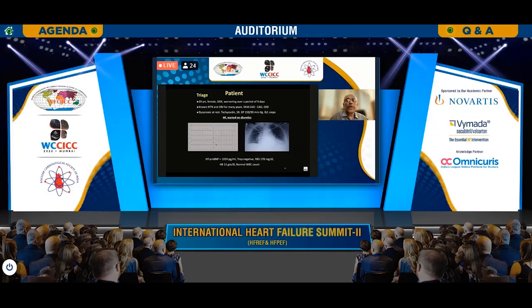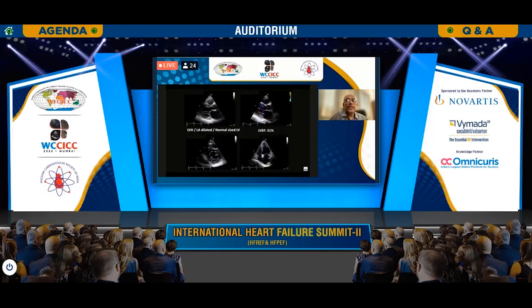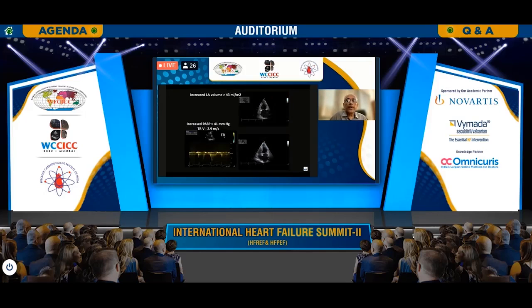Just a brief look at a patient as to how it can be helpful. So here is a patient, a 69-year-old, hypertension, diabetes, comorbidities, and found to have heart failure with preserved ejection fraction. And these are typical sort of echo images seen in these patients with the preserved ejection fraction. These are standard values where they're all abnormal.